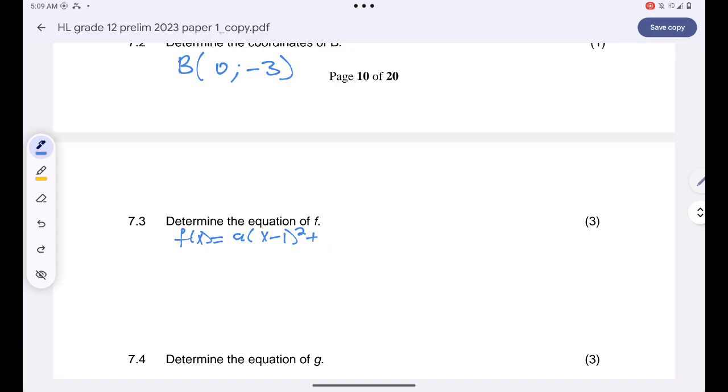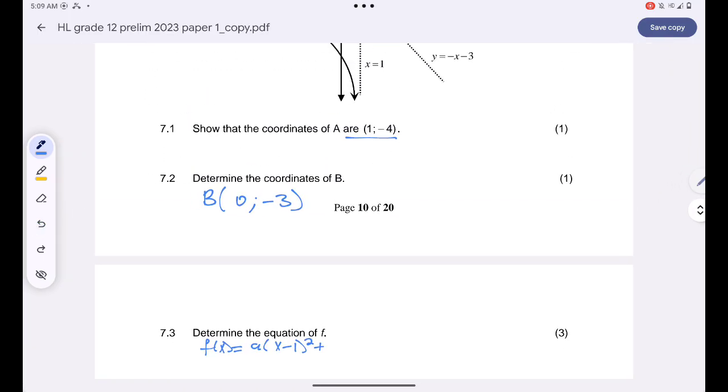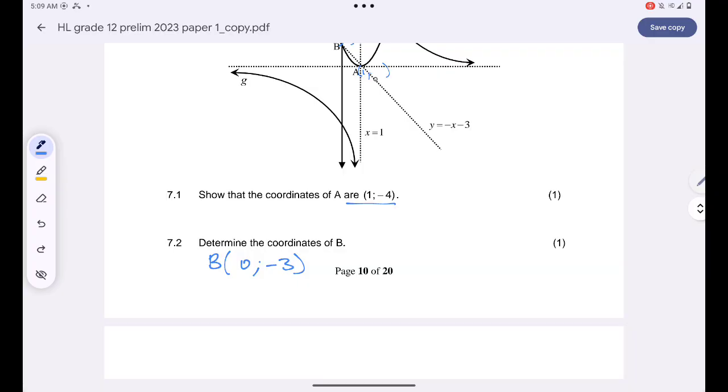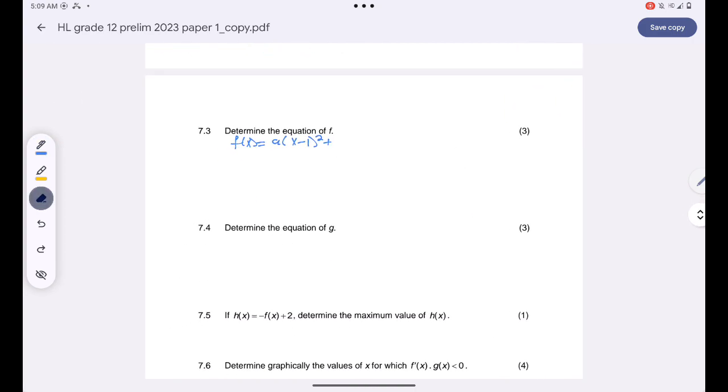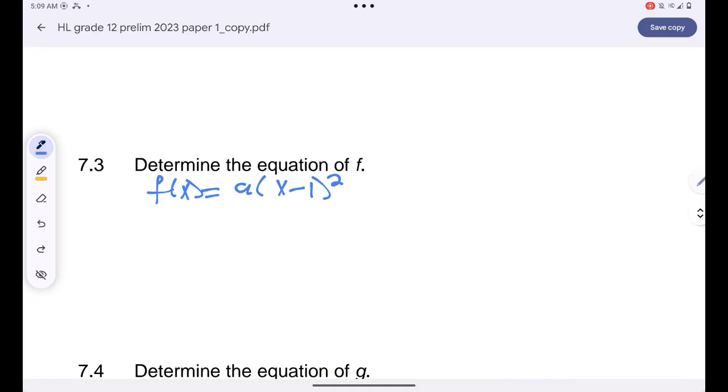But now I do know, guys, the value of q, right? Because q is just the y value at the turning point, and we did find the y value there to be equal to -4, right? So I'll simply write f(x) is just equal to a(x - 1)^2 - 4.